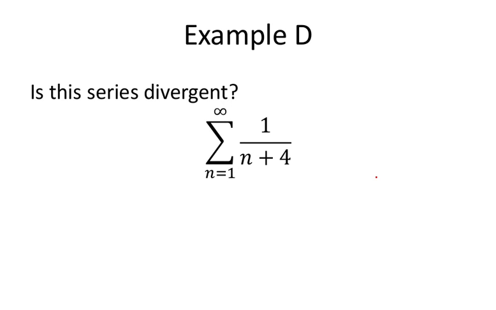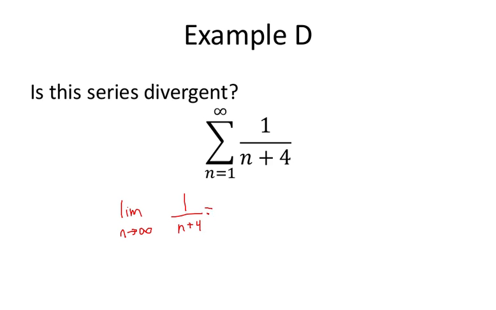And so is this series divergent? Well, certainly, if you take the limit of this, you'll be like, hey, this might be interesting to do. So take the limit as n approaches infinity of 1 over n plus 4.